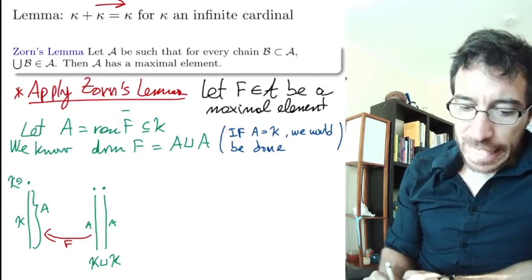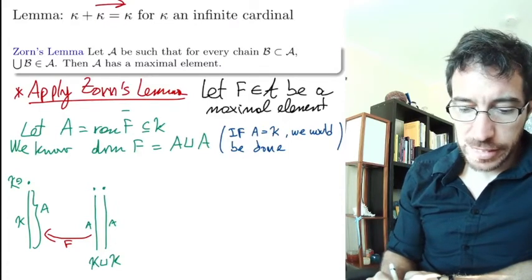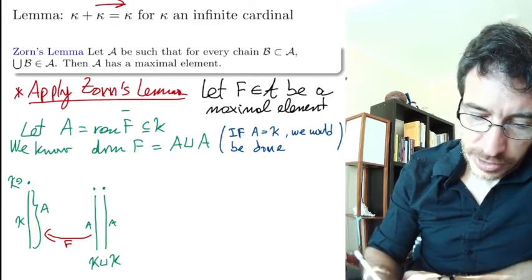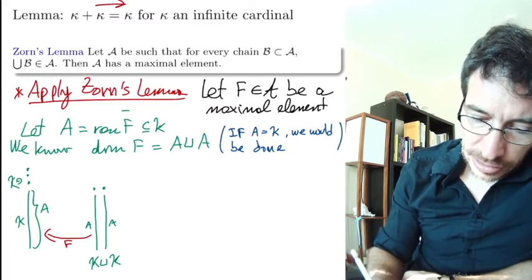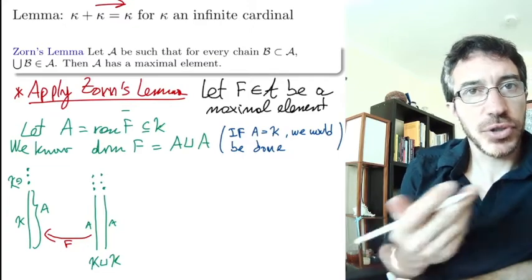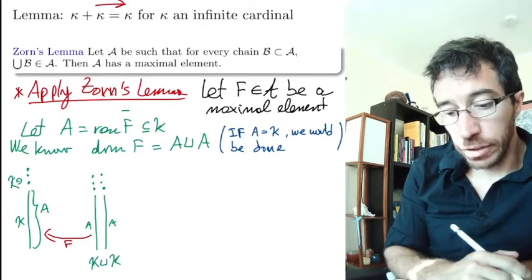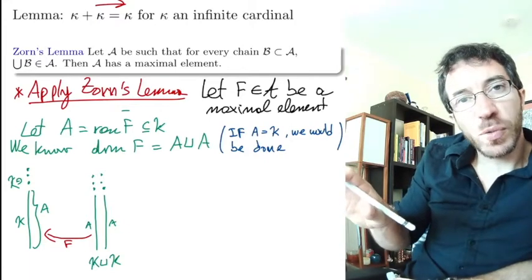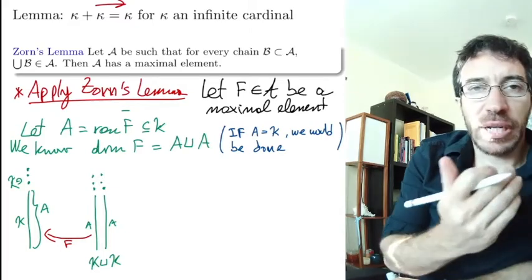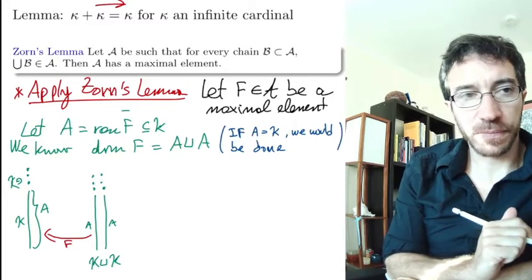First, if what A is missing is just finitely many elements, let's say you're missing 3 elements up here, and on the kappa union kappa you're missing 6 elements, which you cannot match in any way. If you add n elements on one side, you're adding 2n elements on the other side. So you're not going to be able to do the bijection. You're always going to get stuck, and you couldn't increase anymore.